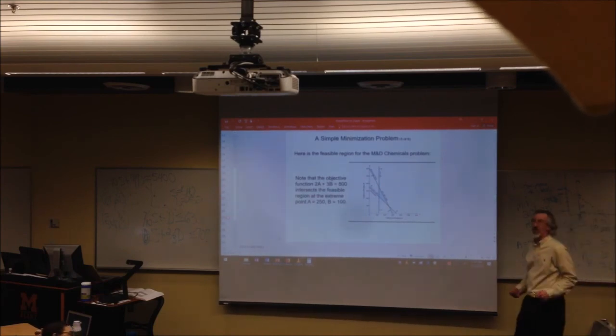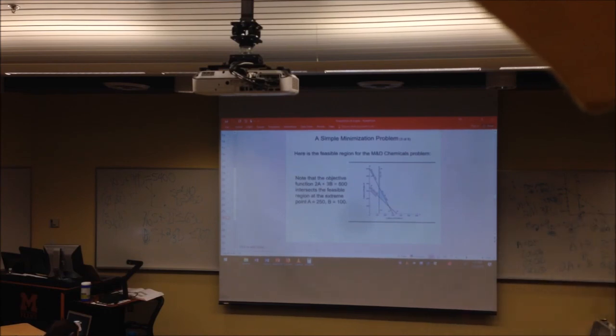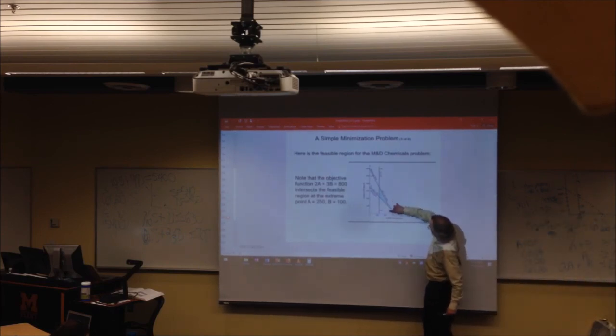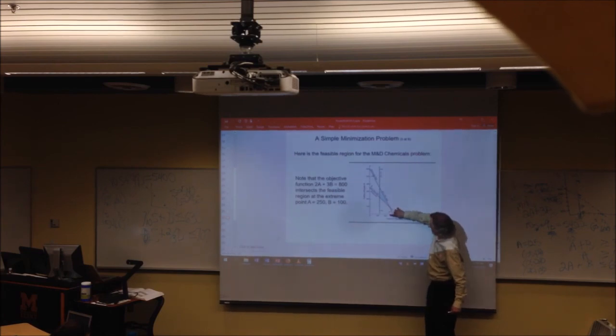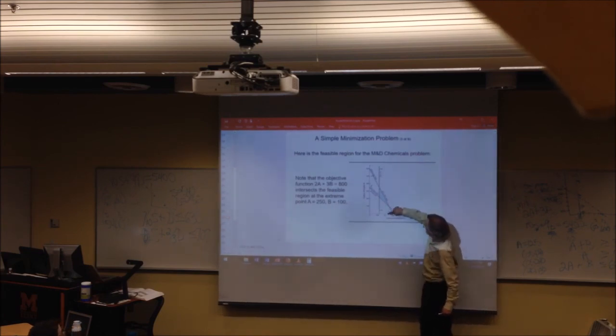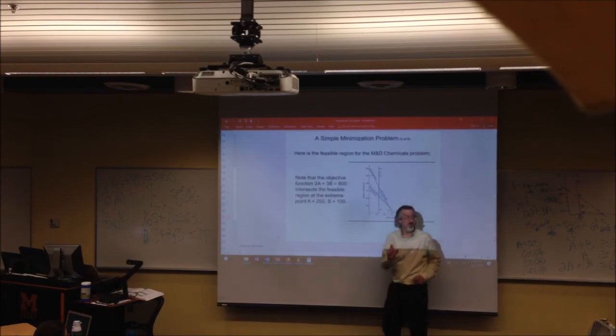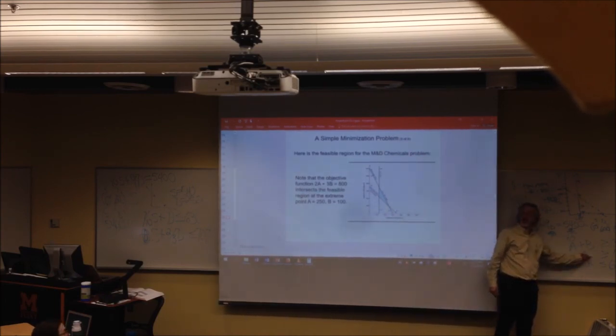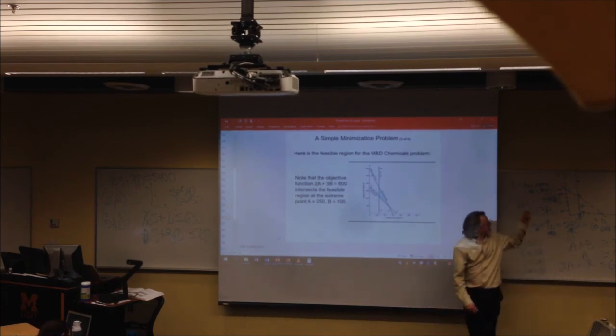Each of those would be 0. And when I plug the optimal solution into this non-binding constraint right here, A is not 125. We're about to find out what it is. But whatever A is, that difference from 125 is either slack or surplus. You tell me, is it slack or surplus? Surplus.